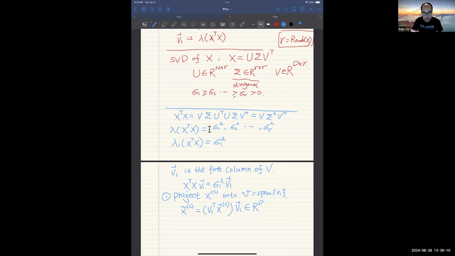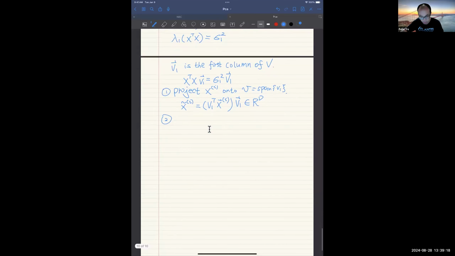The actual low dimensional data representation is we actually have to rotate this axis V1 to be aligned with our axes, rotating the eigenvectors into our axes.